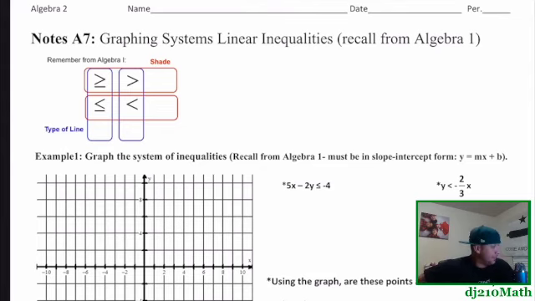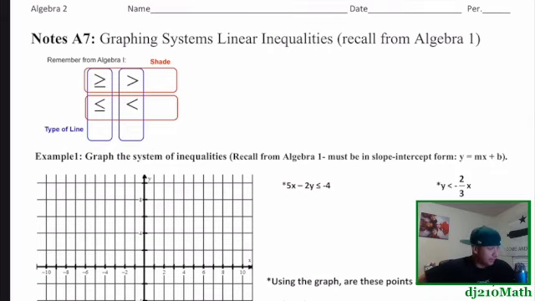Now, the reason you're shading on a particular side is that any point that falls on that side is a solution to the inequality. And because it's a system of inequalities, meaning more than one inequality, you have one line, and we're going to shade on one side of that line.